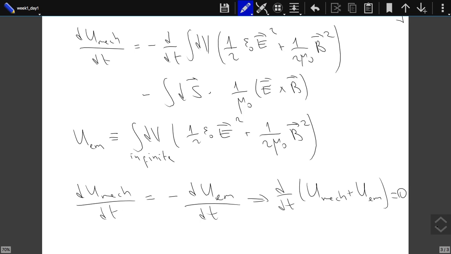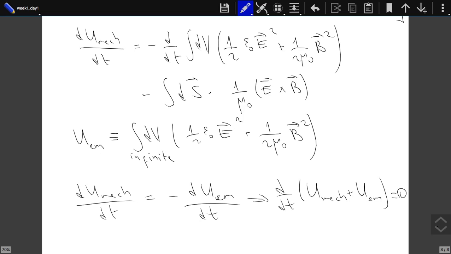So still I can talk about energy conservation in general. But in this case, there is a total energy within this volume. That total energy within this volume will be changing, and the rate of change of the energy stored in this volume will be equal to the flow of energy through the surface.